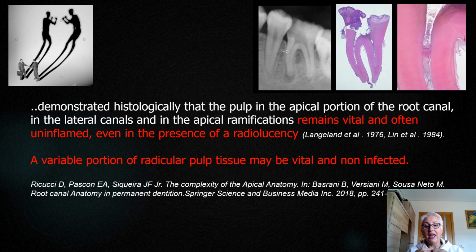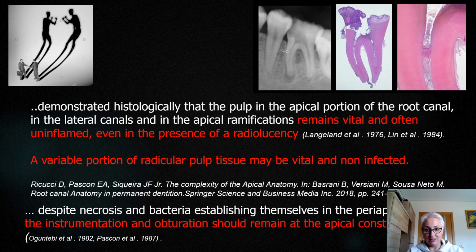So despite necrosis and bacteria establishing themselves in the periapical tissues, the instrumentation and obturation should remain at the constriction. So it is the same as was said at the end of the 19th century. There are no changes.